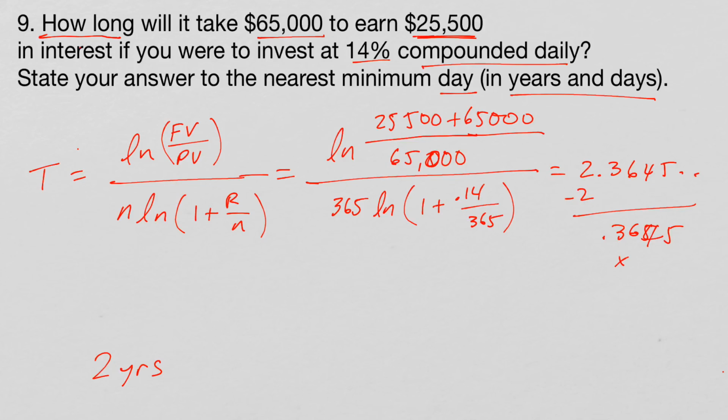I'm going to multiply this by 365 to get the number of days. And I got 133.03. But it's the minimum, not the closest day. So I have to round this up. So this is going to be 134 days.